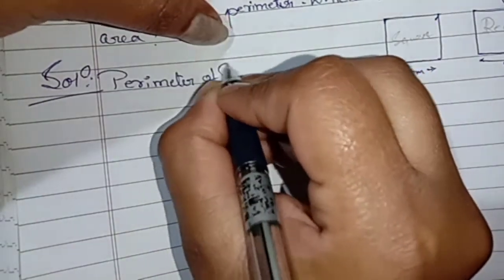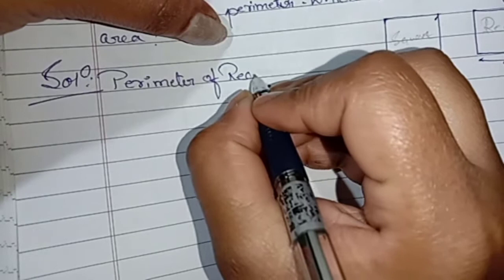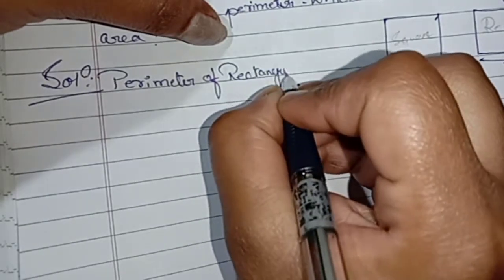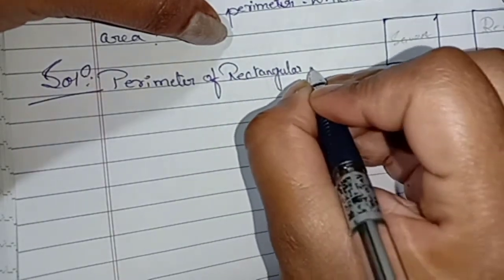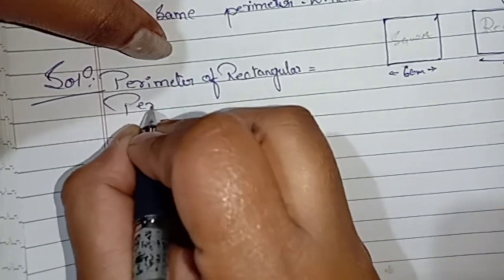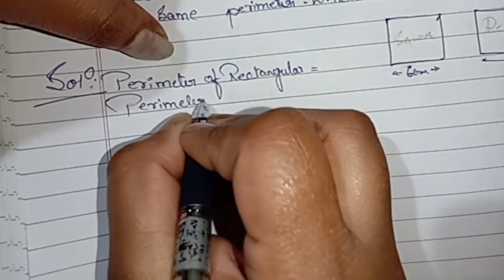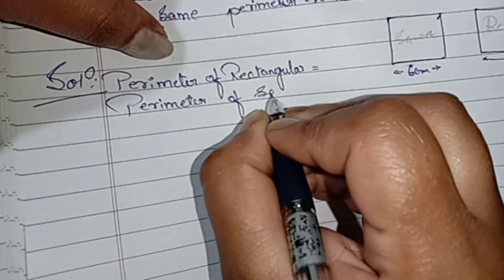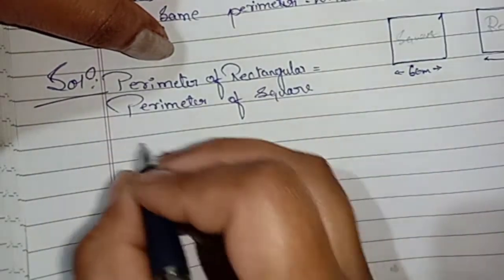Perimeter of rectangle equal to perimeter of square.